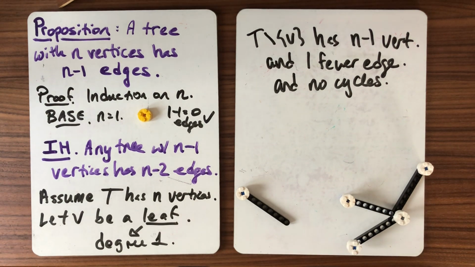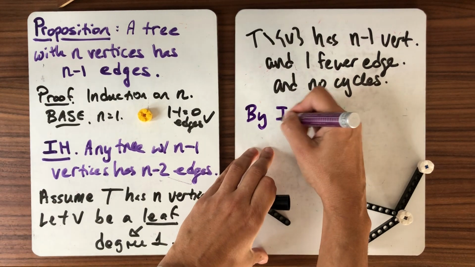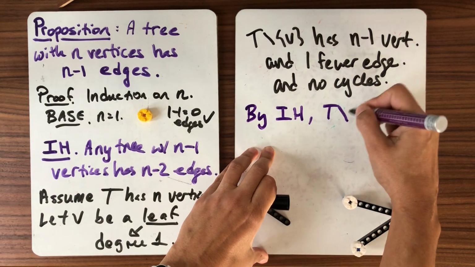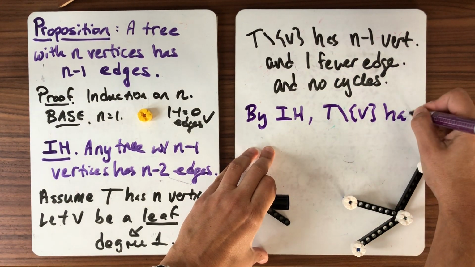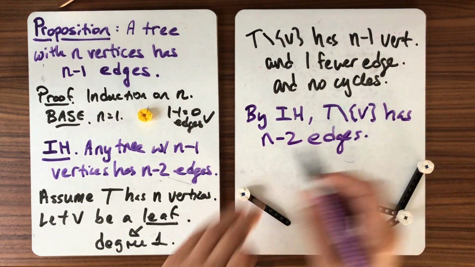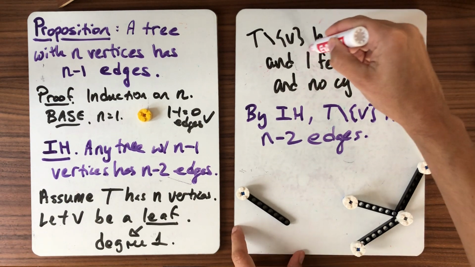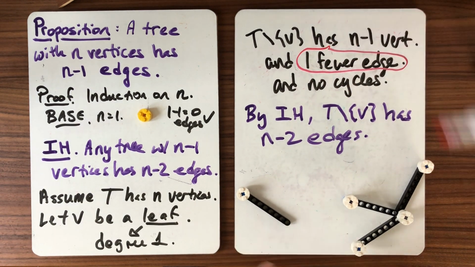So now I'm going to use my inductive hypothesis. I know that by the inductive hypothesis, T minus V has n minus 2 edges. That's what my inductive hypothesis said. So I know that here, 3 edges, check. Okay, so what do I know? Well, remember we had this statement: T minus V has one fewer edge. Why?